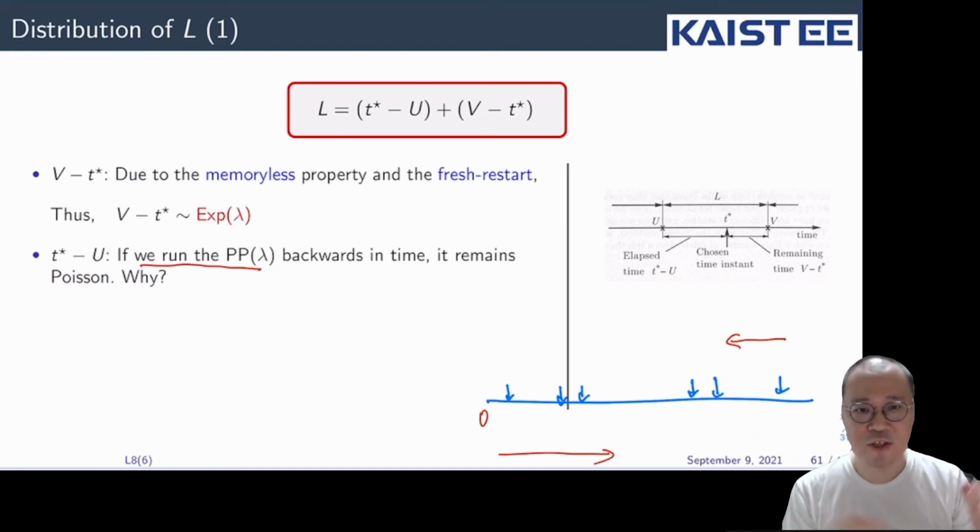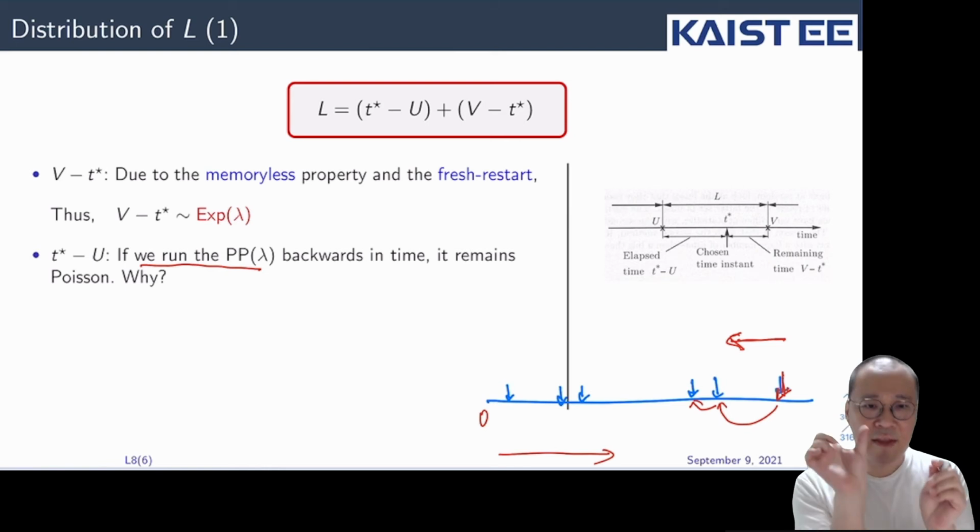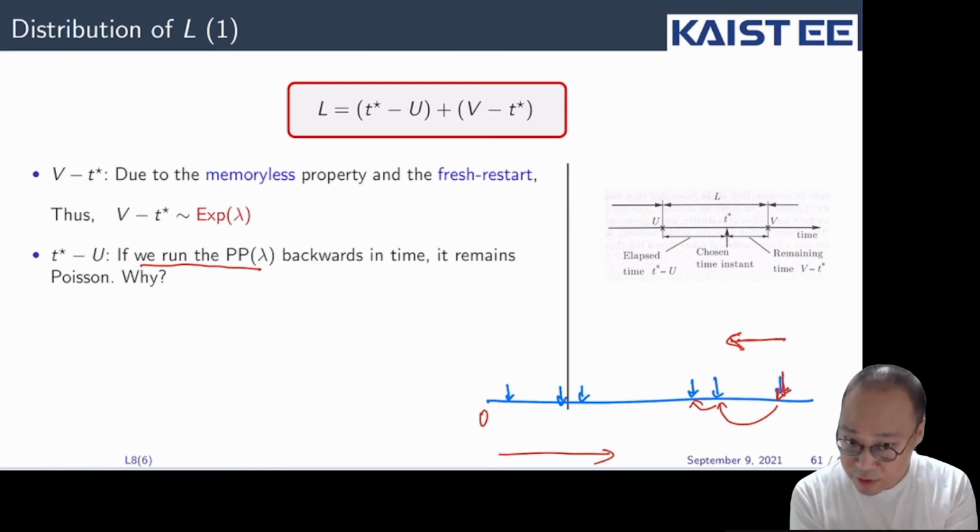If you look at the Poisson process in backward time, let's regard this as the first arrival, and what is the next arrival? That's an exponential time, and that's an exponential time, and the numbers of arrivals over different time intervals should also be independent. So we follow all the definitions of the Poisson process.